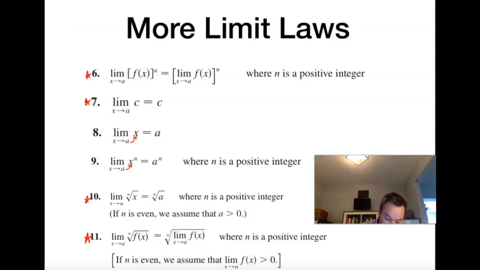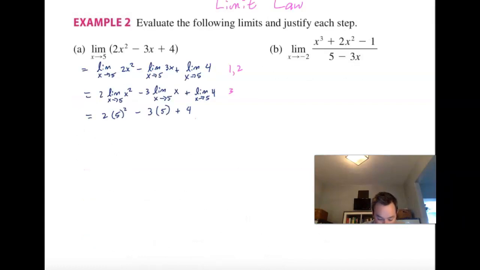We used 8, 9, and then 7 in that order. Now we're just going to simplify the rest of the way. 5 squared is 25, times 2 is 50, minus 15 plus 4. 35 plus 4 is 39.